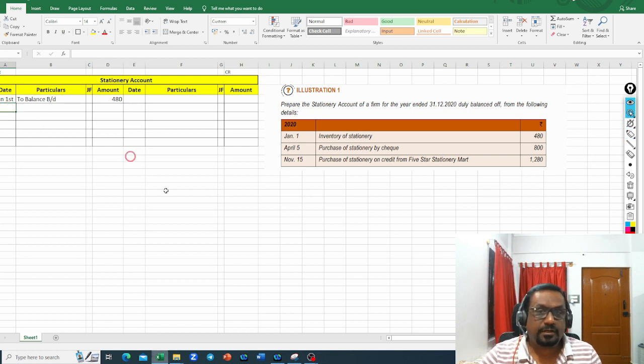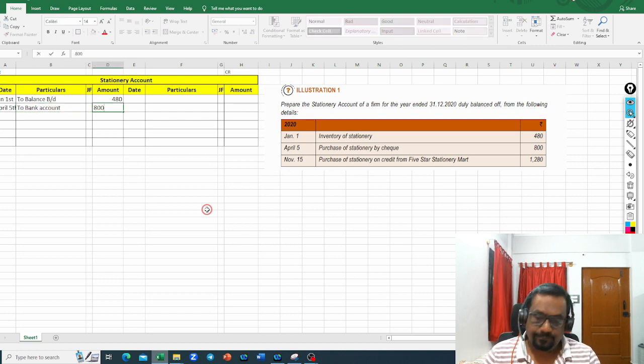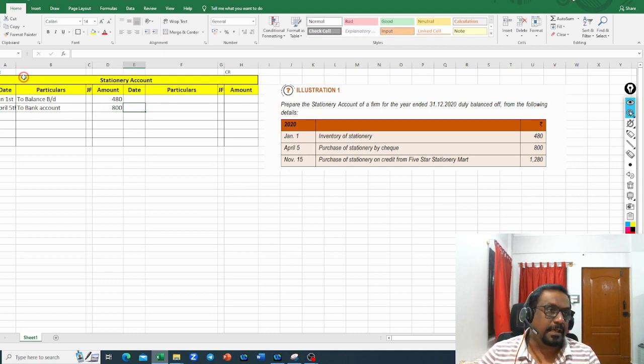What is the date I need to put here? April 5th. And then I will go here and debit to bank account. How much I need to put? 800 rupees. That is all the entry. I posted. Clear? Are you clear now?